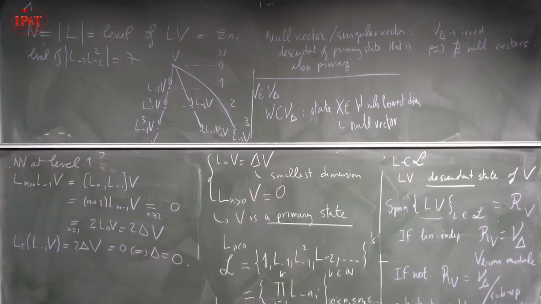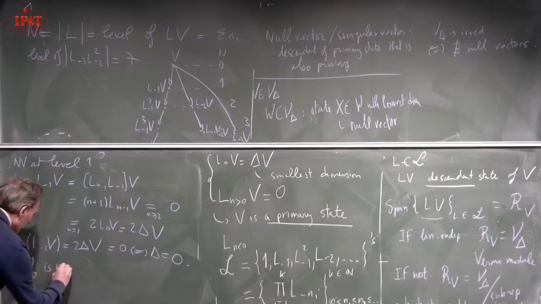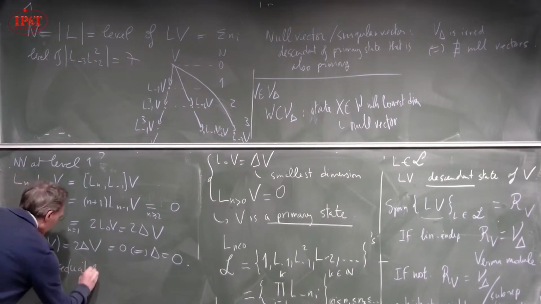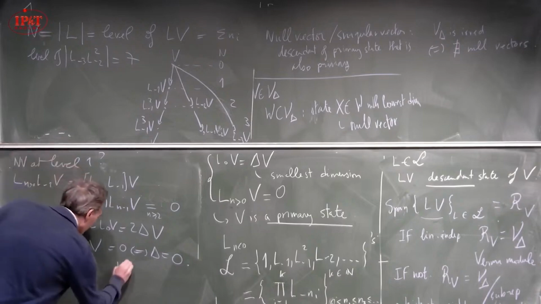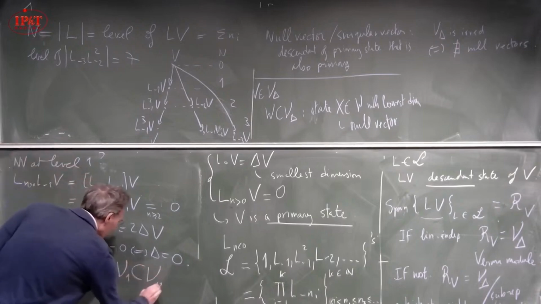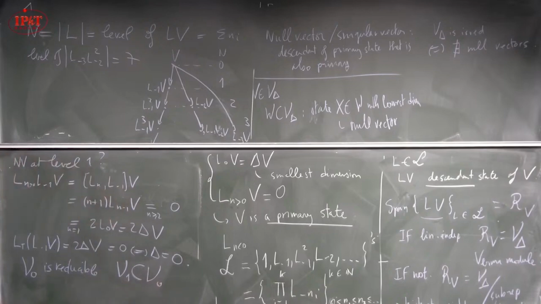So therefore, we have a null vector at level 1 if and only if the conformal dimension delta is 0. So this tells me in particular that the Verma module of conformal dimension 0 is reducible. We already know that it has a submodule which is V1, the Verma module of conformal dimension 1, which is generated by this L minus 1 V.